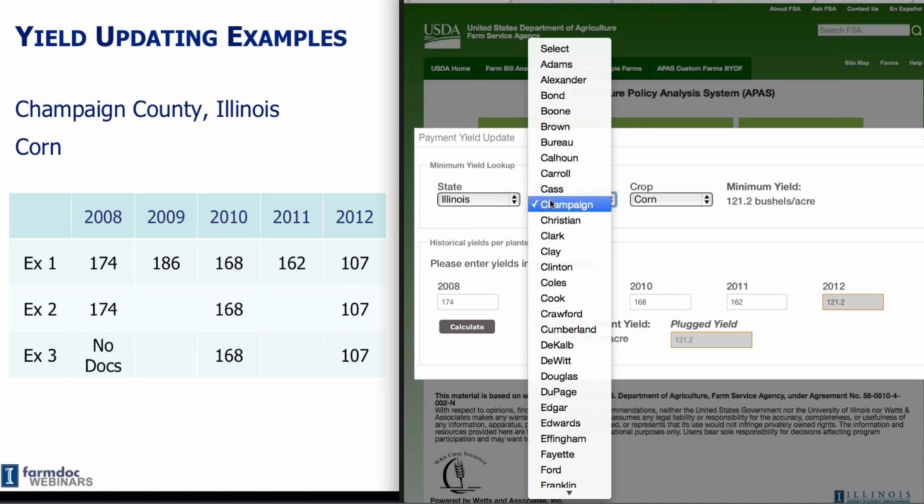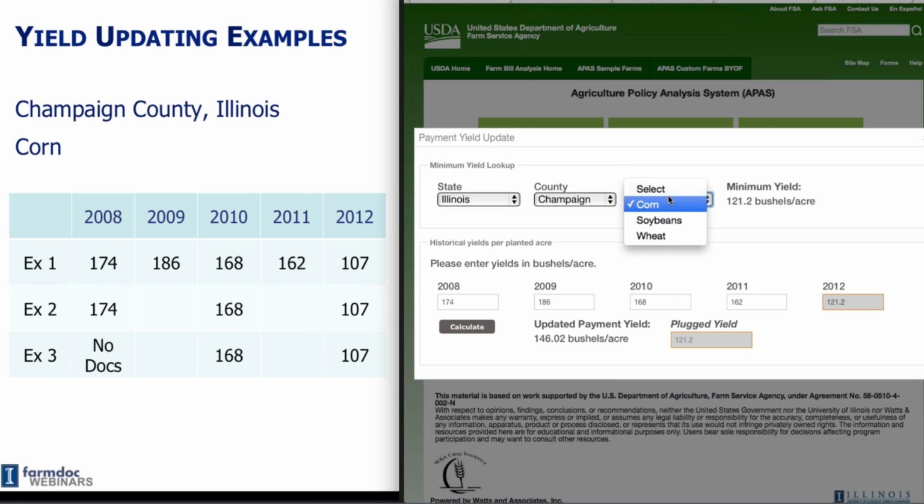The reason for that is in the payment yield update decision, there is what is called a plug yield that is used if you have a year where your yield was particularly a bad yield year. There are minimum or plug yields at the county level that FSA will plug in for that payment yield update.